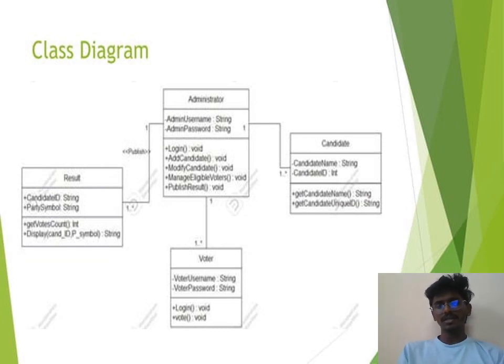Those two, candidate name and candidate ID, are given to the administrator, and then the voter, which contains the voter name and voter password, is given to the administrator, and then the result will be given out in a format of candidate and party symbol. This is the class diagram for this e-voting system.